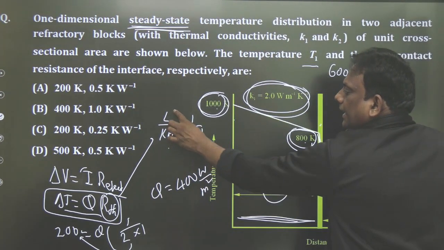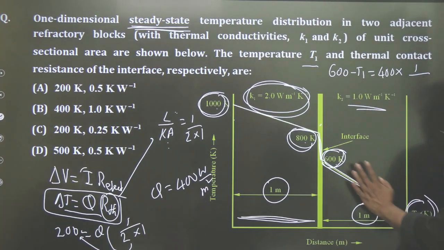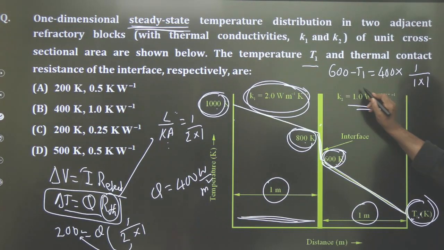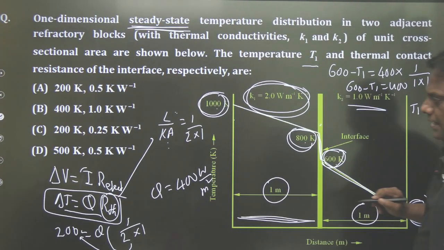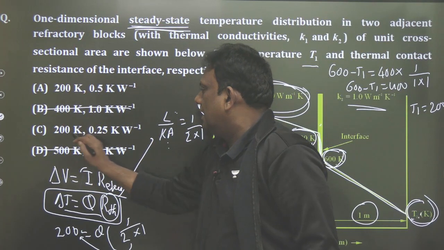L by Ka. The thickness is 1, the thermal conductivity is 1, and the area is 1. So 600 minus T1 is equal to 400, so T1 is equal to 200. Is it 200? Yes, my dear students, it is 200. So 400 is not correct, 500 is not correct, it is 200.